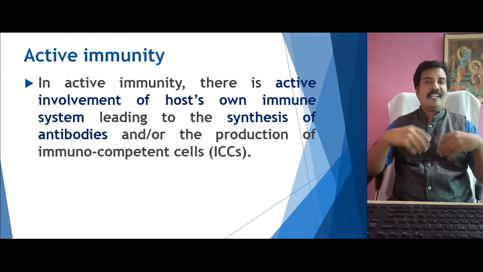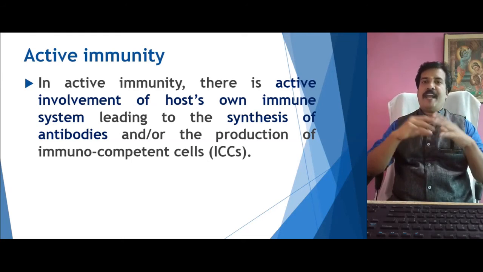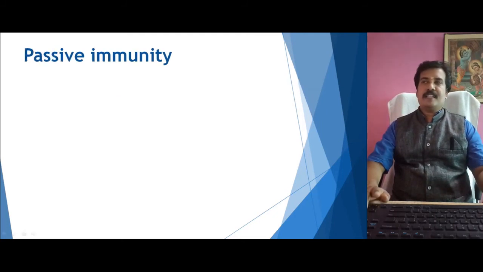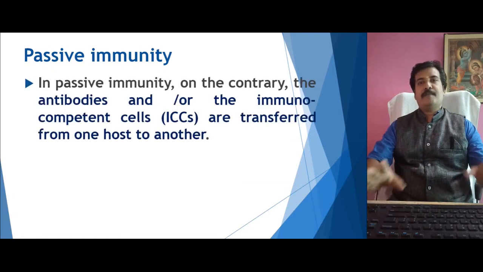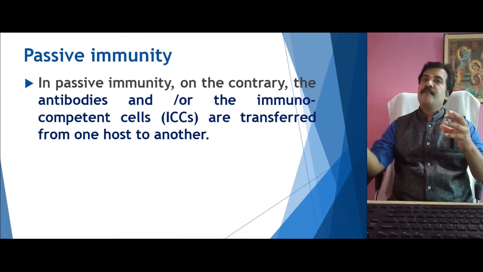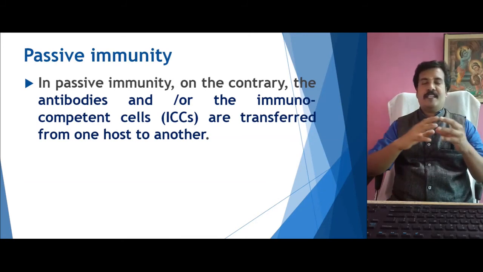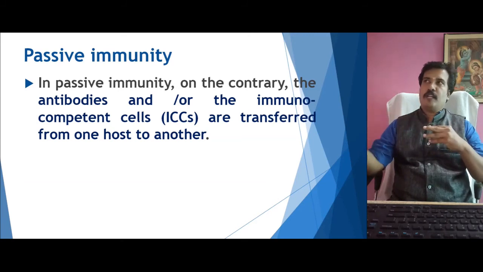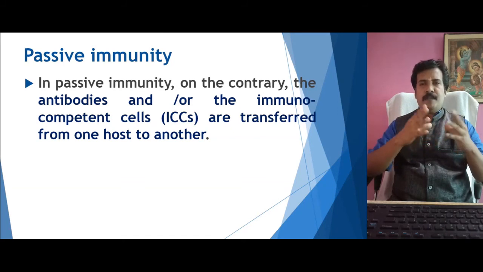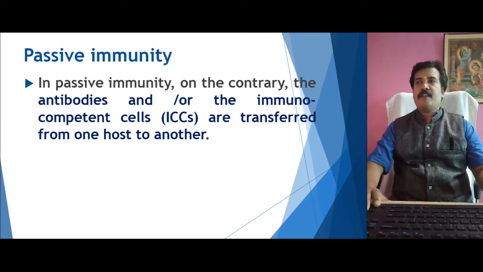It is called active participation of our body, actively producing it, defending against the foreign substance. Whereas passive immunity is nothing but the administration of the antibodies or the immunocompetent cells from one host to another. That means delivering monoclonal antibodies from outside to a patient is a type of passive immunity. So this is the basic idea of what is meant by active and passive immunity.